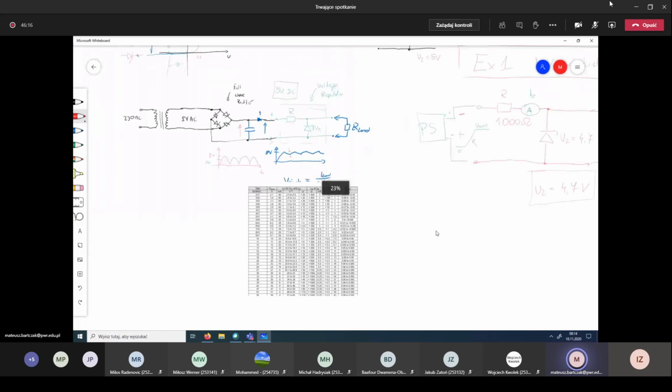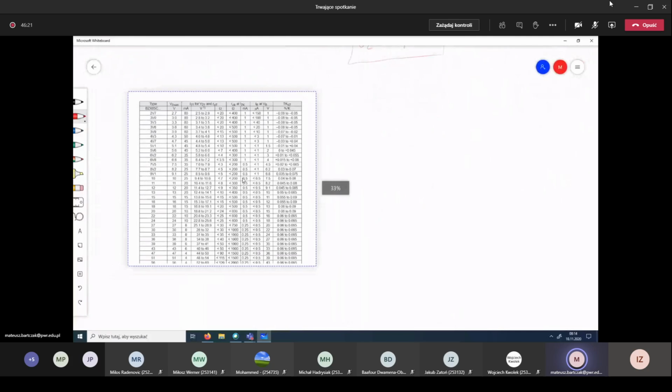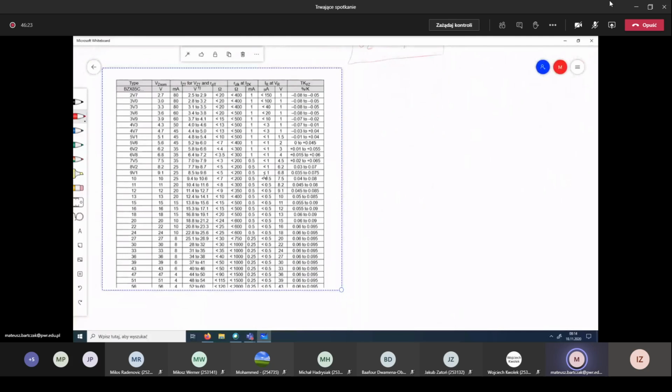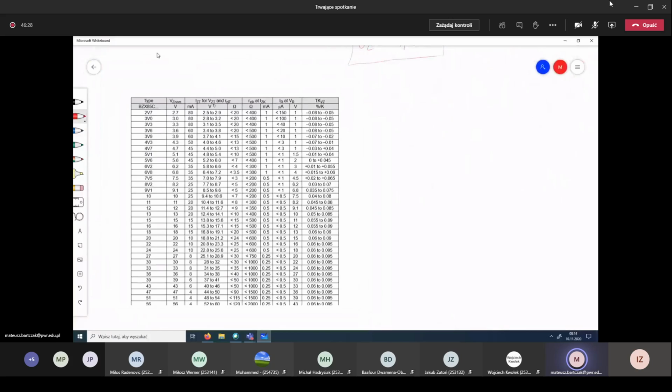So in real life, when we are designing the voltage regulator, we only have this table. And how to use this table? Let's say we want to design the voltage regulator which will have 3.3 volts on the output side.